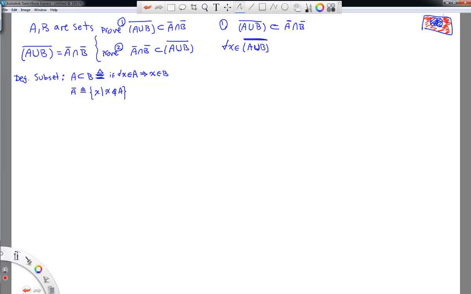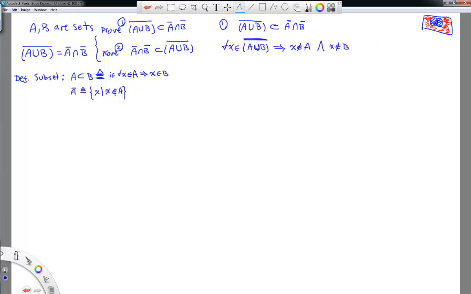Which means that if an x is in the complement of the union, then it's not in either one of those two, right? So if x is in the complement of A union B, then x is not in A, and x is not in B.